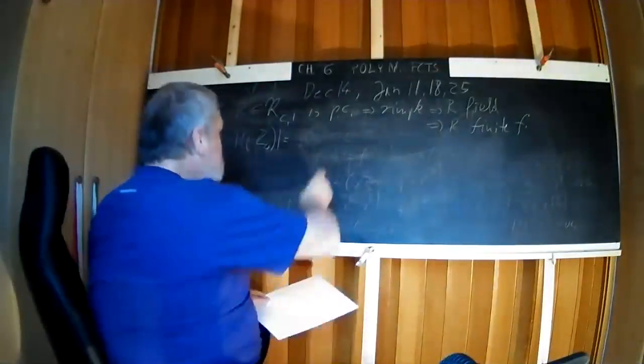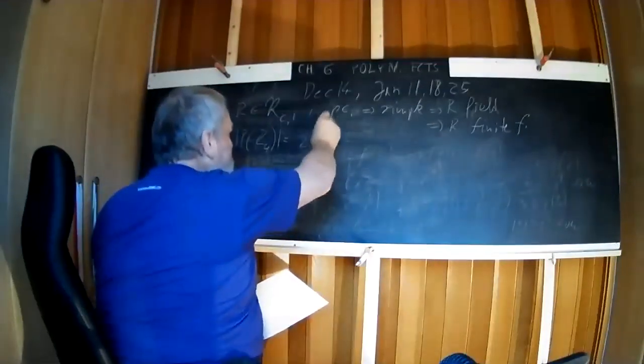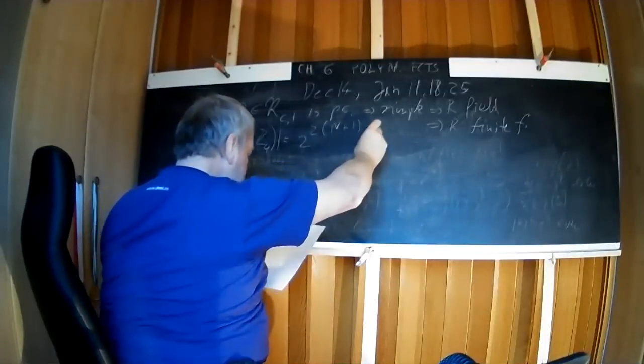This is given in this case by 2 to the power of 2 times n plus 1 minus s.